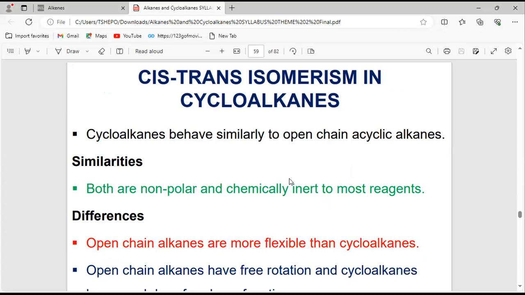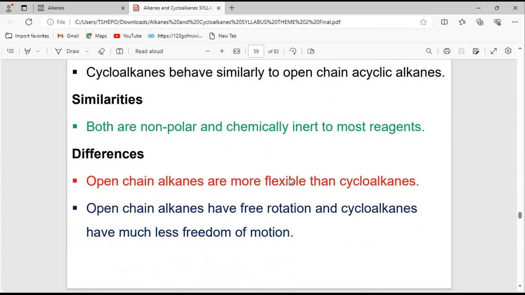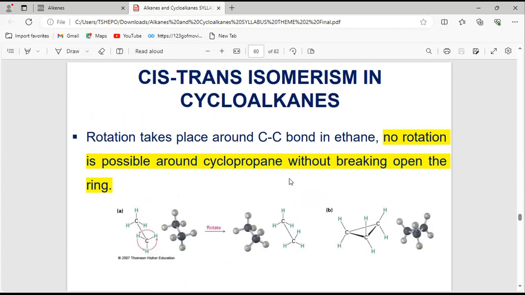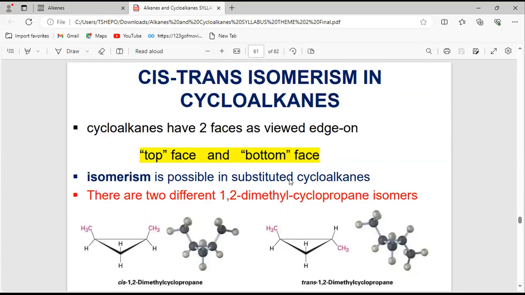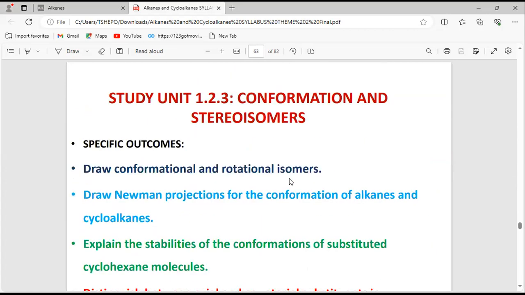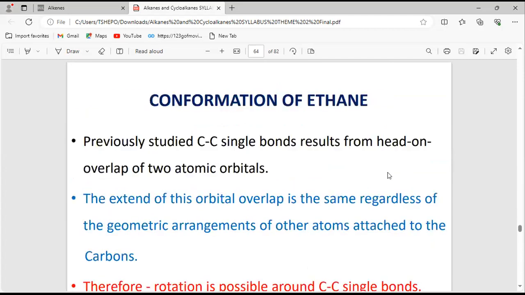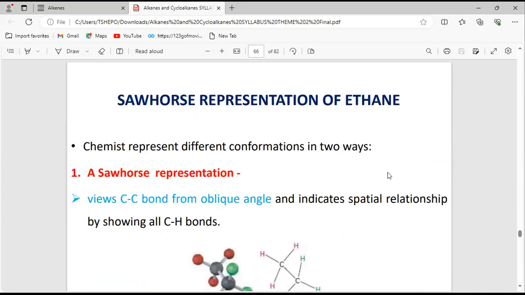And then again, stereochemistry does also play a very important part when naming organic compounds, whereby we're going to use those R and S configurations. But we'll also get there as well. And therefore here it's cis-trans isomerisms in cycloalkanes. And then we have also learned about the conformation. Don't forget that there are different types of conformations, more especially for the alkanes.